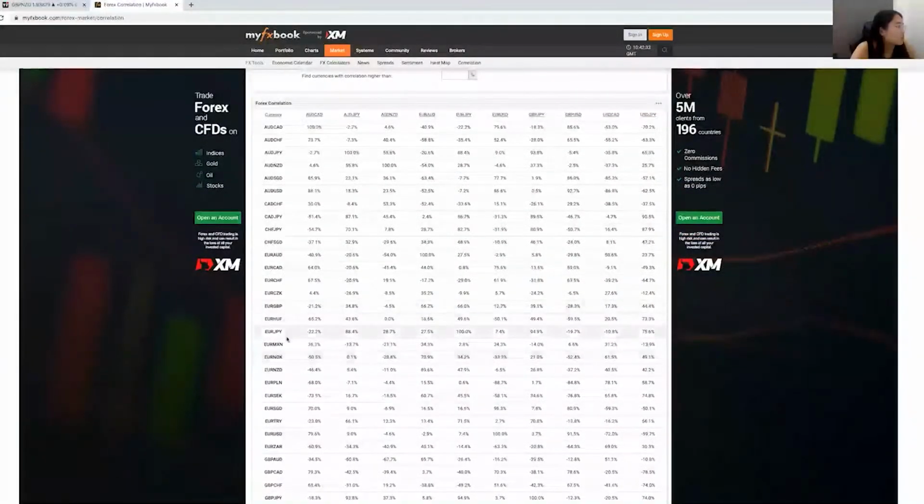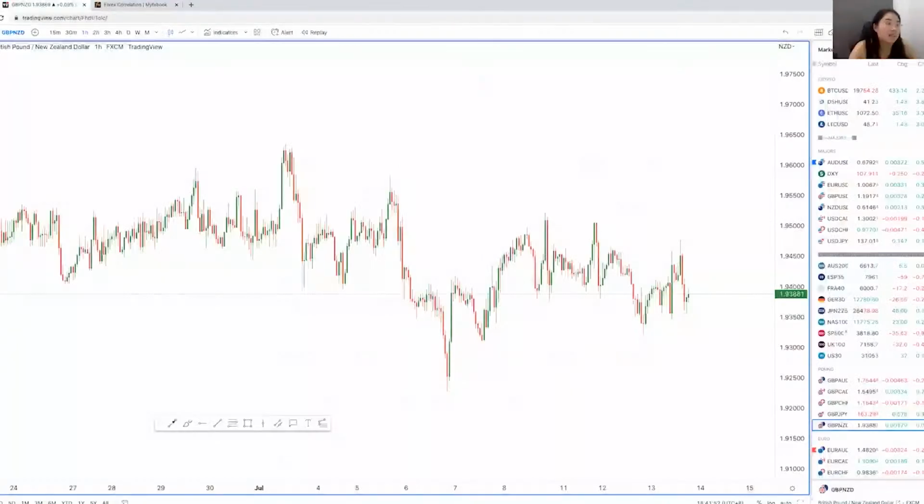When we compare it to the EUR NZD, you can see that there is 89.6% correlation. It's very, very correlated, because the GBP is very related to the EUR and the AUD is very related to the NZD.